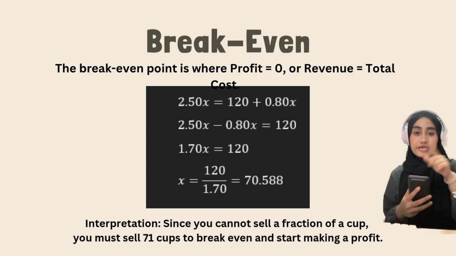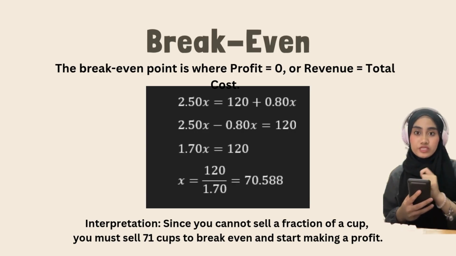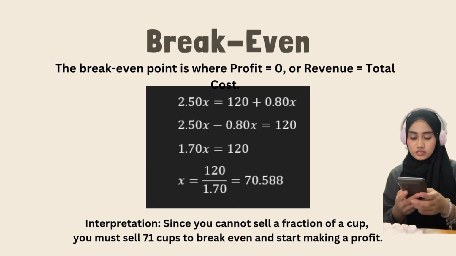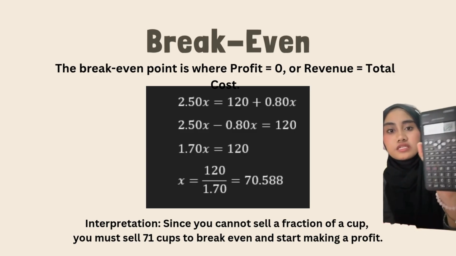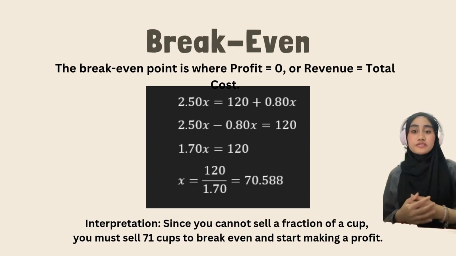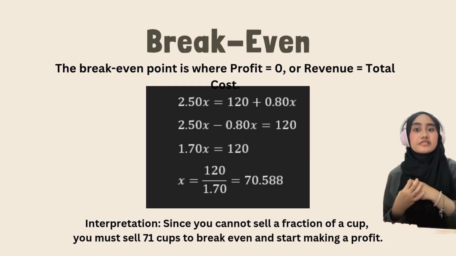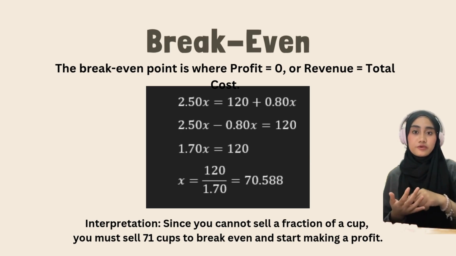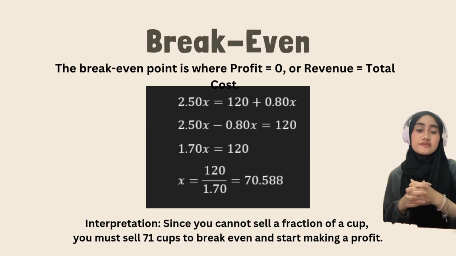So the last step is x equals 120 divided by 1.70, which gives 70.588. So let's say 70 cups to break even and start making a profit, because the answer we get is 70.588. You cannot sell a fraction of a cup, so we just take it as 71.